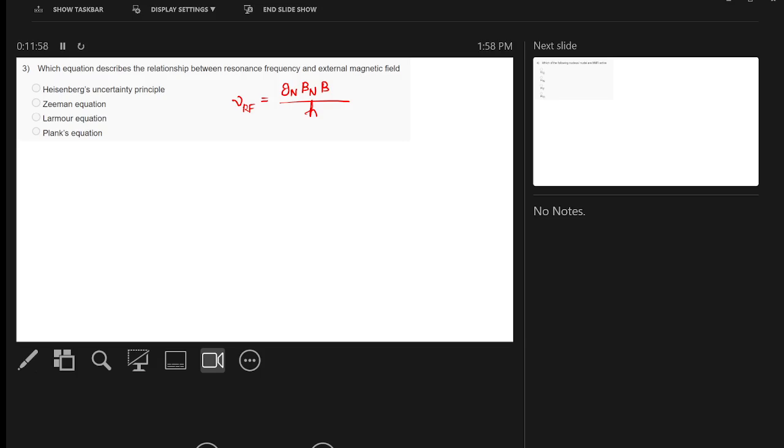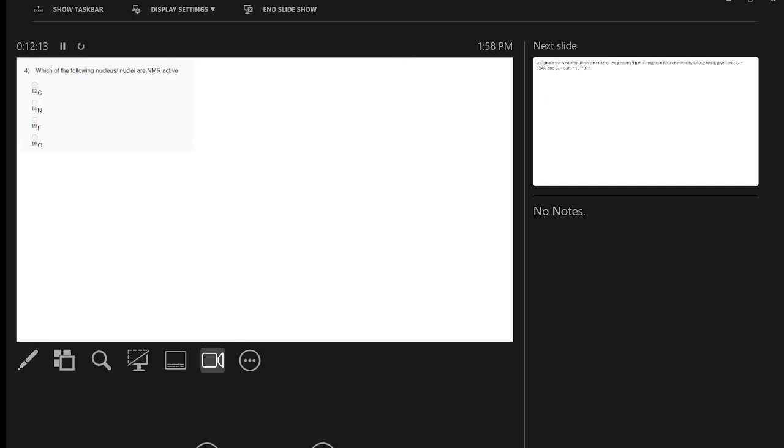So this is what we call the Larmor equation. You must have seen it in some of the lectures. Okay. Next question. Which of the following nuclei are NMR active?